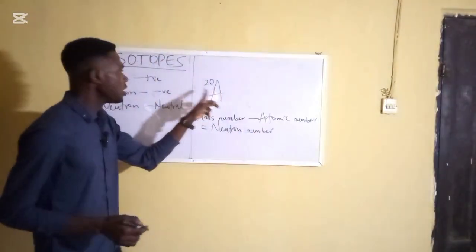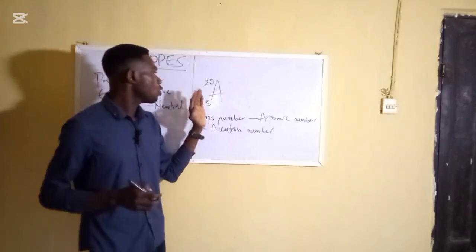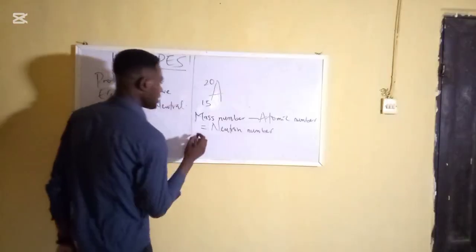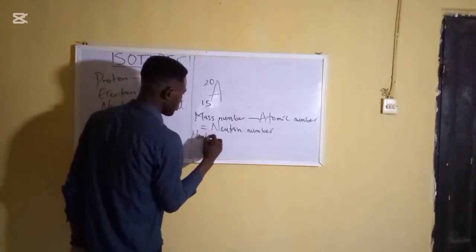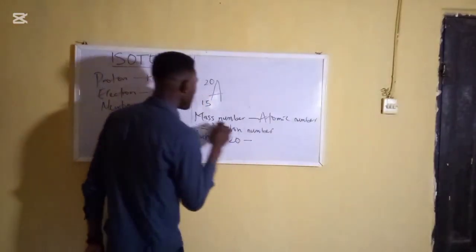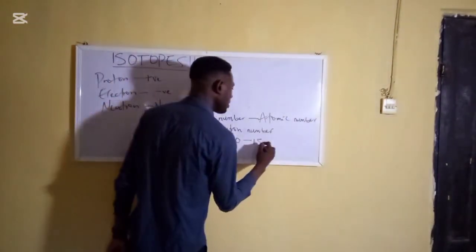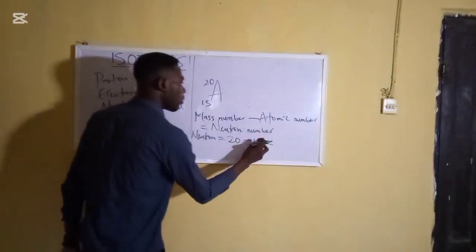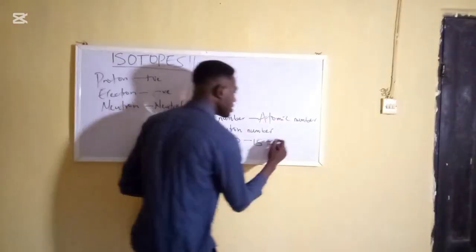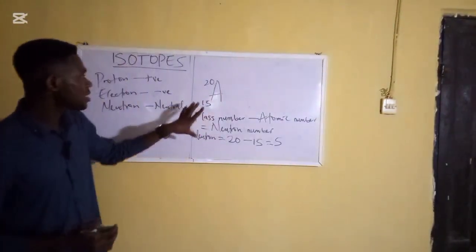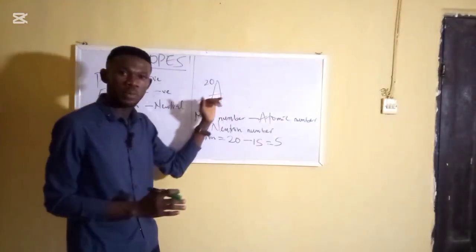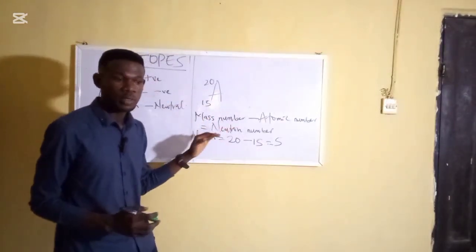So if I ask you what is the number of neutrons present in this particular element, you would say that the neutron number is equal to 20 minus 15. Hence, the number of neutrons here is 5. So this is a brief introduction of what mass number and atomic number mean.